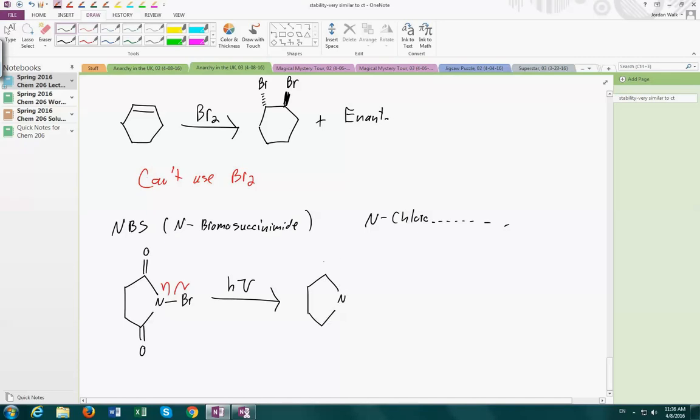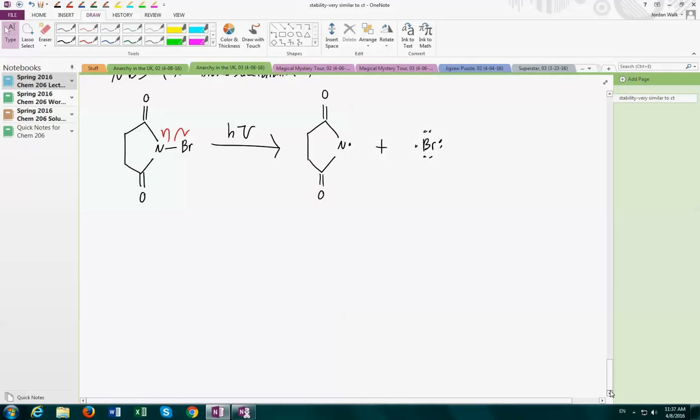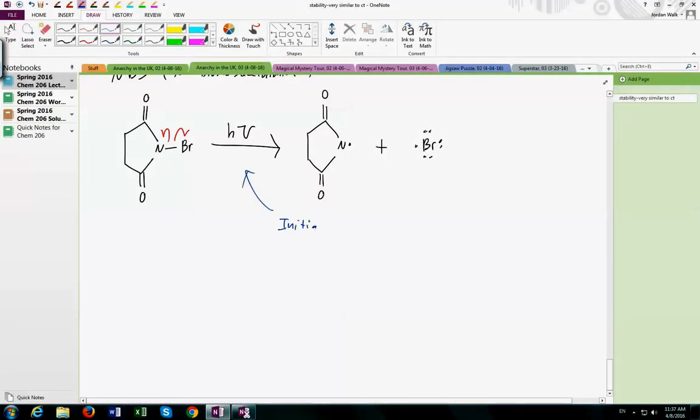And so one thing that we create is this succinimide radical. But more importantly, it's a way that we've now generated bromine radicals without needing to use Br2, which we know is going to prefer to undergo the electrophilic addition reaction. So we have to get a little bit creative to avoid a reaction that we've already learned about. All right, so in this case, mechanistically, we've already seen the initiation step. This is it. We use NBS to initiate our radicals, which leads us to the propagation step.